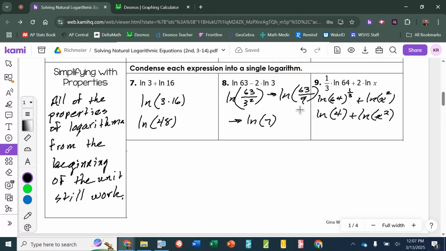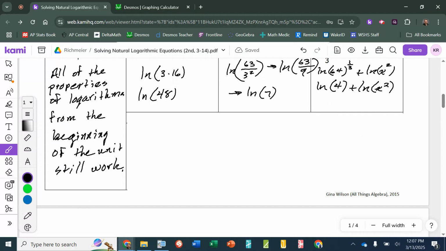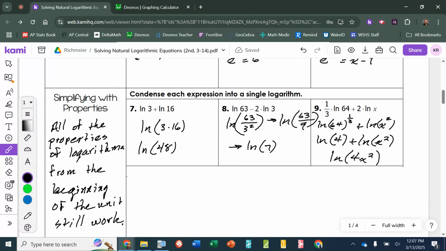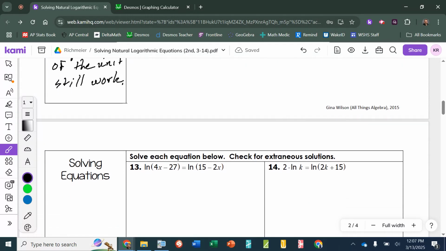And again, because it's showing addition, I'm going to use the product property, which tells me what I need to do is multiply the arguments together. And it allows me to create a single logarithm out of 2 of them. So I have the natural logarithm of 4x squared. And then once we know what x is equal to, we can go ahead and evaluate it. But for right now, we were just condensing the logarithms.